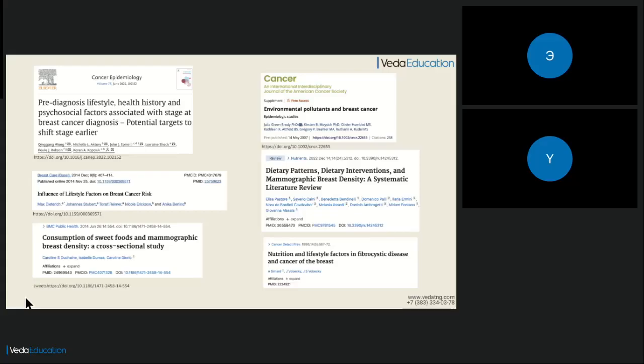So see, these are all the researches that are done on mastopathies as well as breast cancer and the risk factors for breast cancer. So it could be the lifestyle, health history, environmental pollution, dietary pattern, and specifically consumption of sweet food.